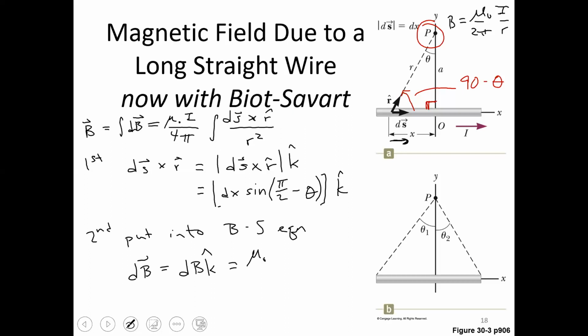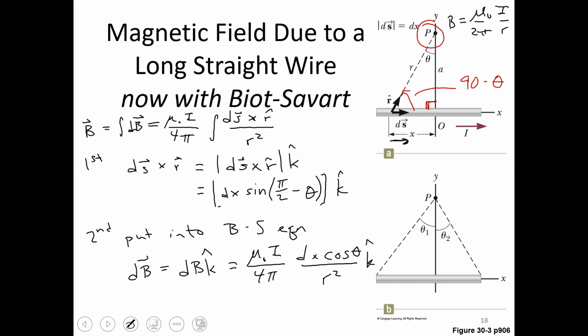Equals mu 0 I, so my permeability of free space, my current, over 4 pi. And we're going to put this in where the cross product was. dx cosine theta over r squared, k-hat direction.